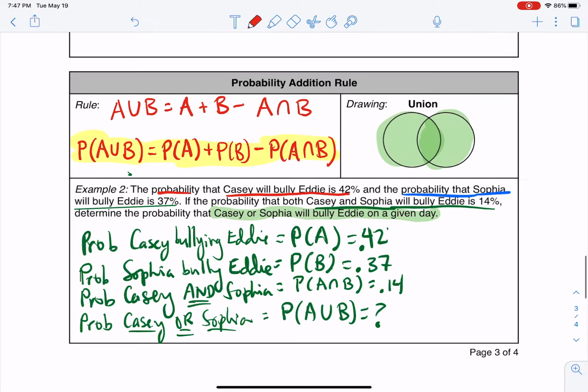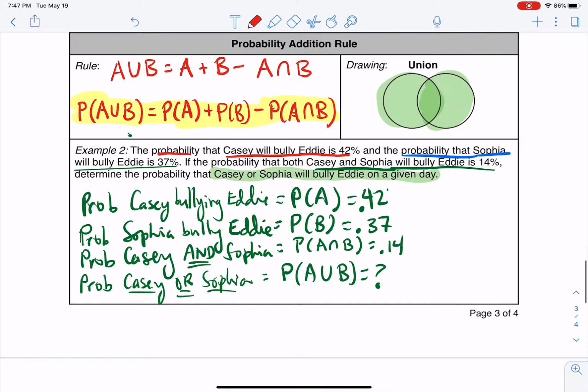We're looking for the probability of A or B. Let's write the formula first, and then we'll go back and fill in the information.